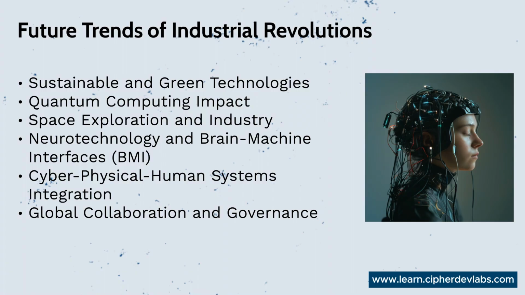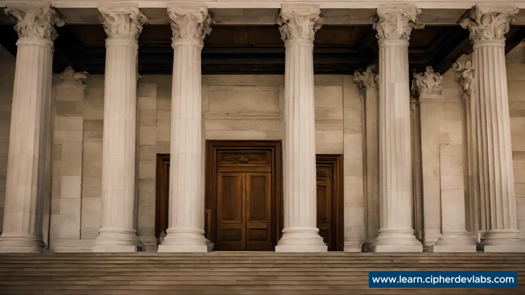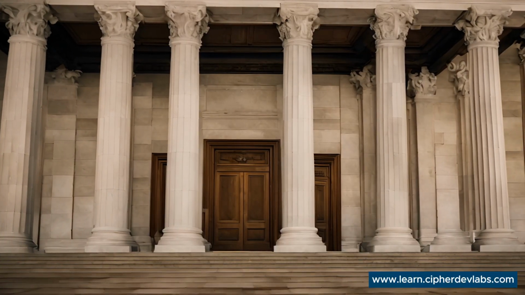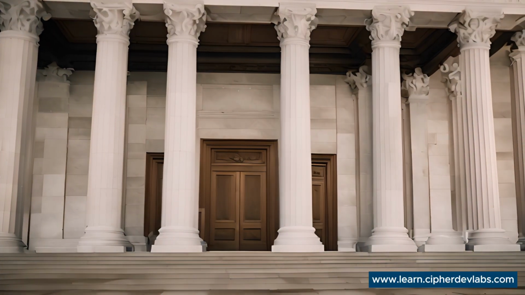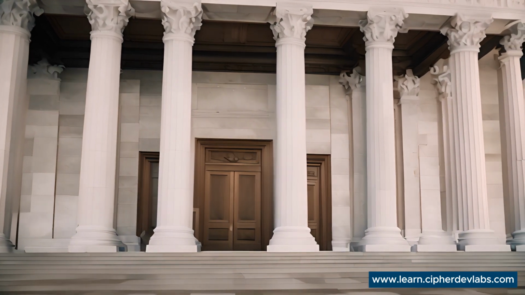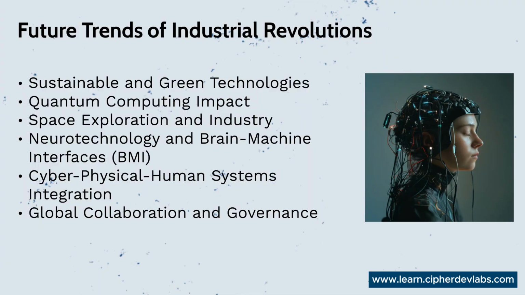And finally, global collaboration and governance. So, addressing the challenges posed by future industrial revolutions may require increased global collaboration. The development of international standards, ethical frameworks, and governance structures will become crucial to ensure responsible and equitable technological advancements.